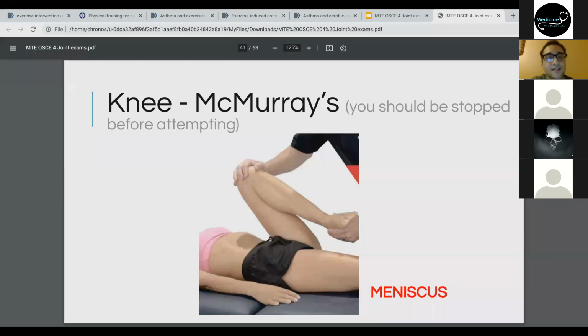Sorry, I said ligaments when I meant meniscus. So you externally rotate the foot for a lateral meniscus. You internally rotate the foot for a medial meniscus. You then very slowly straighten the leg.